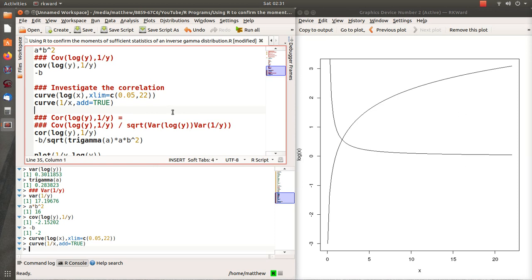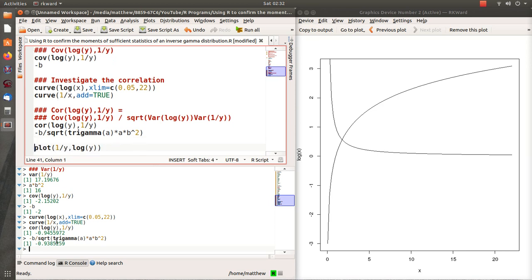So let's first simulate the correlation. You just take the correlation of the log of y and 1 over y, and that simulated result, remember this is based on a sample of 100, is negative 0.94, and the theoretical calculation, which is the covariance divided by the square root of the product of the variances, is negative 0.938, so also very close.